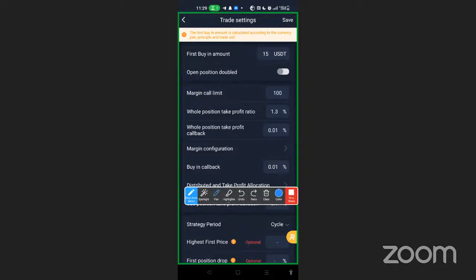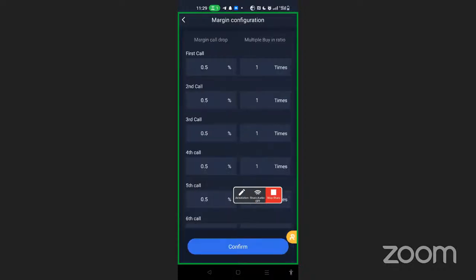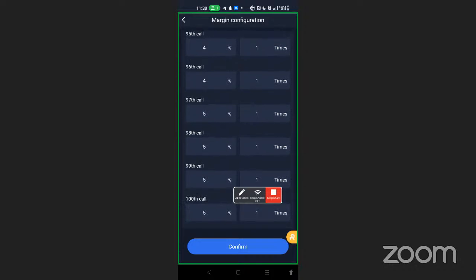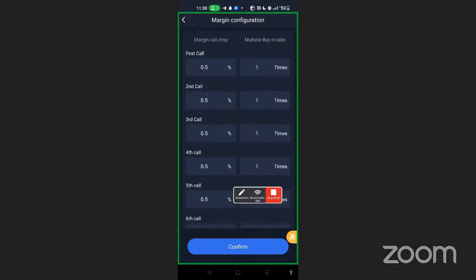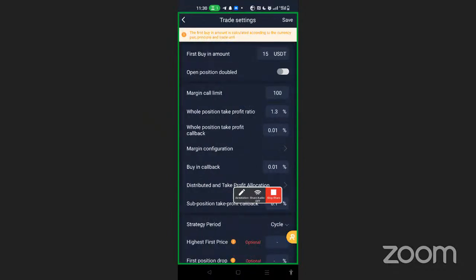Margin call limit. These are the number of times you want your robot to put $15 in the market. So this one goes in with $15, 100 times.